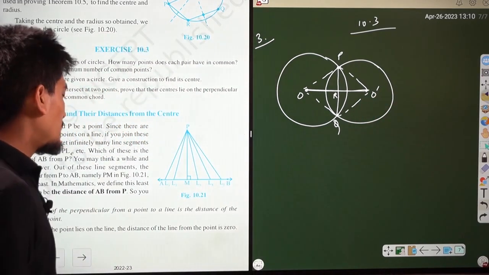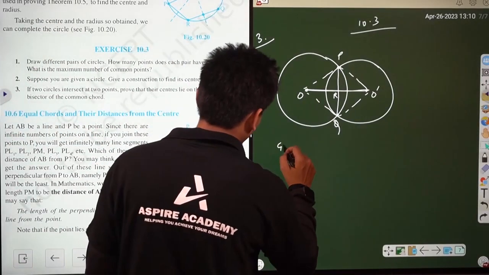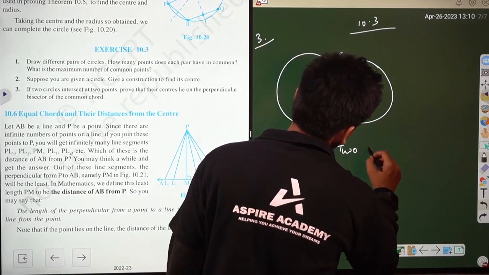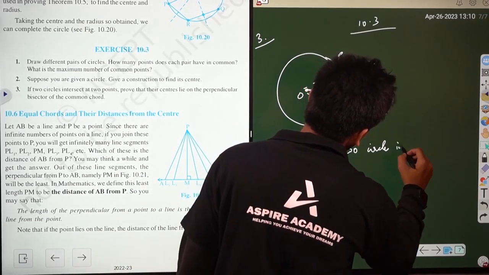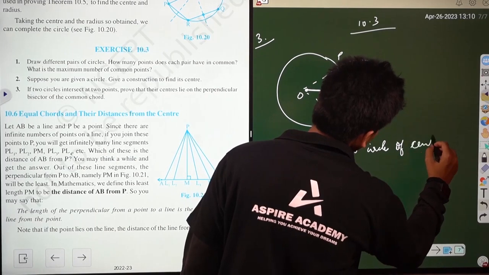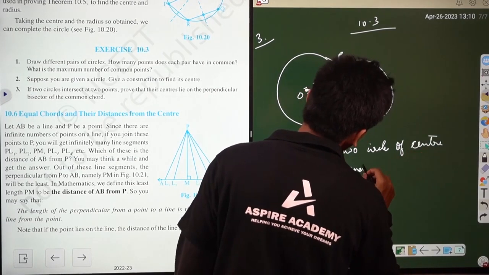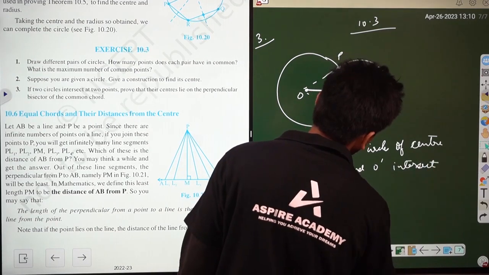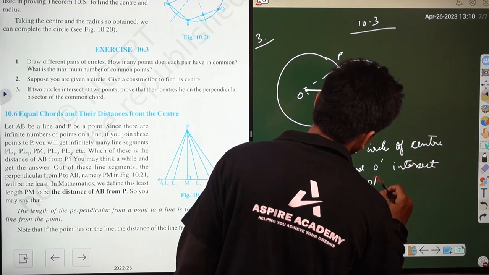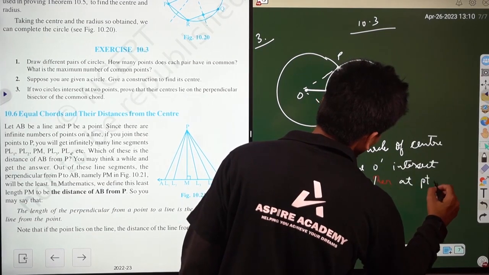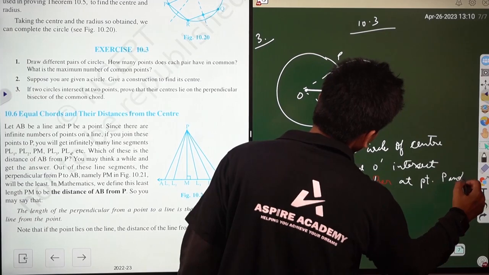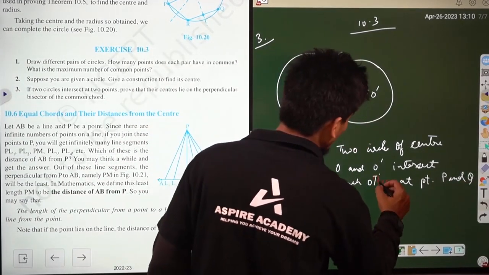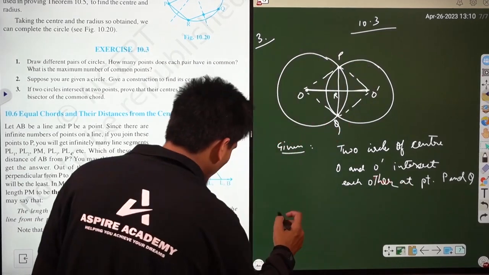So given, first of all, two circles with centers O and O dash intersect each other at points P and Q. Now, what do we need to prove?